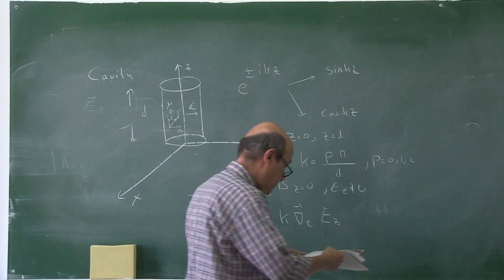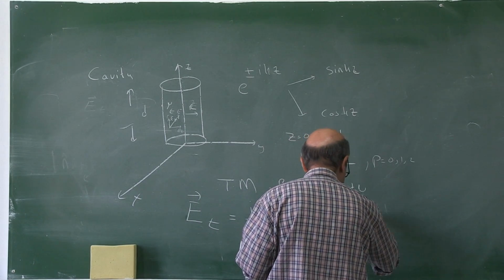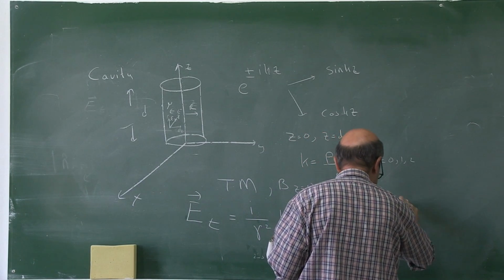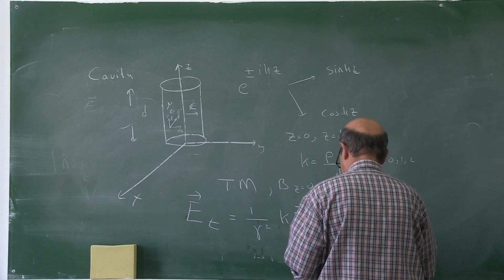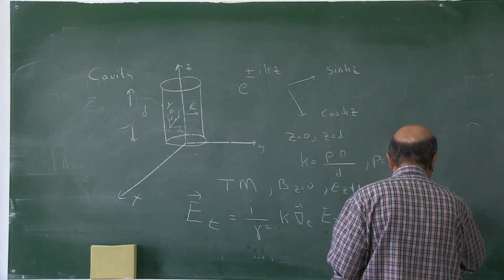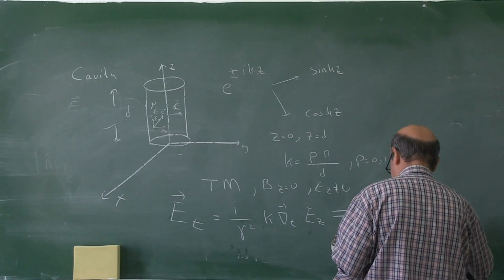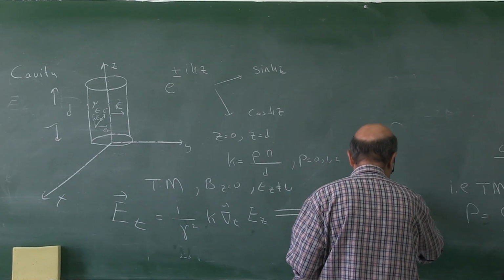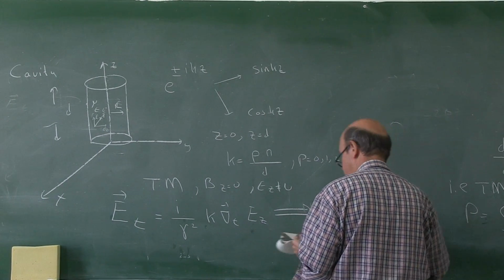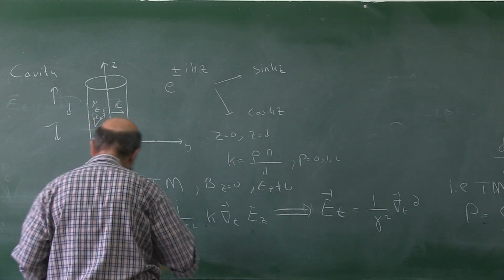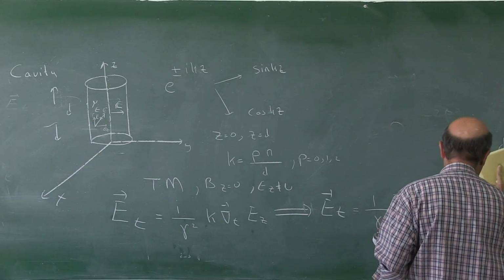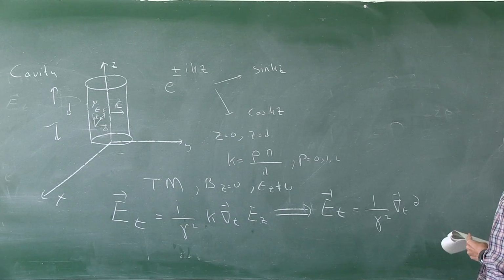So basically E transverse is 1 over gamma squared times the transverse gradient of del Ez over del z.